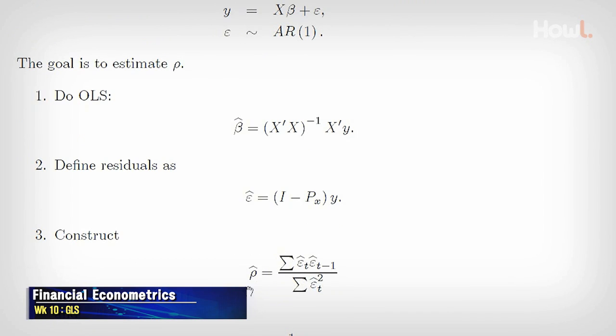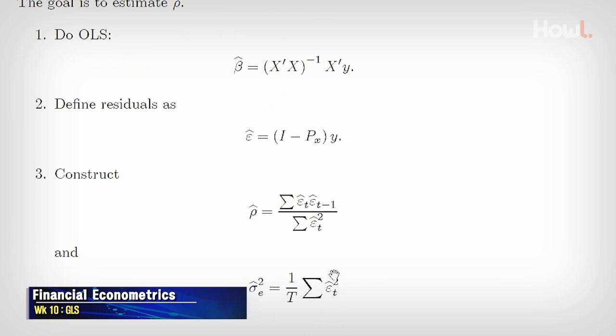So again, if we collect the errors, then we simply calculate this one. So basically it's a correlation, right? Correlation between two periods. So rho can be this correlation. Rho can be the ratio between the sum of epsilon hat times lagged epsilon hat, and the sum of epsilon hat squared.